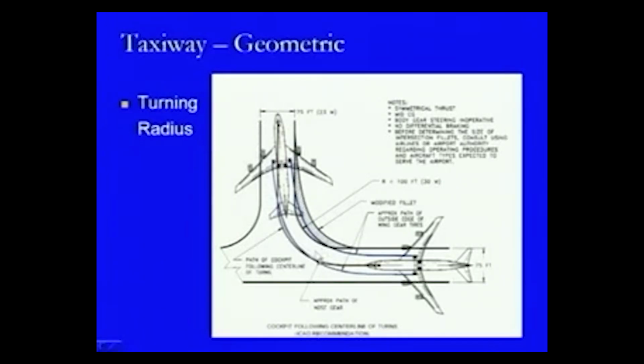Once this is done, again this inner side of the gear will go inside the curve, and therefore, a wider fillet is to be provided, with a radius of 30 meters here. So, there is a modification of the fillet to be provided. This is known as the cockpit following center line of turn method as recommended by ICAO, that is, cockpit following center line of turn.